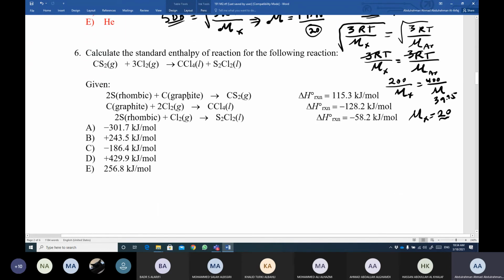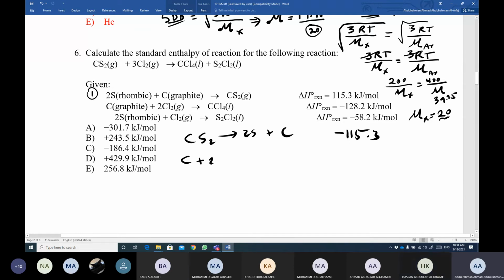Calculate the standard enthalpy of reaction for this reaction. What should you do with the first equation? Flip it. CS2 goes to 2S plus C, and delta H will be minus 115.3. How about the second equation? Nothing. Exactly.